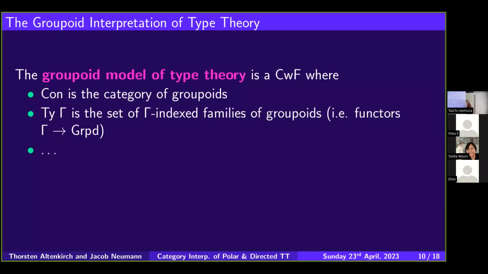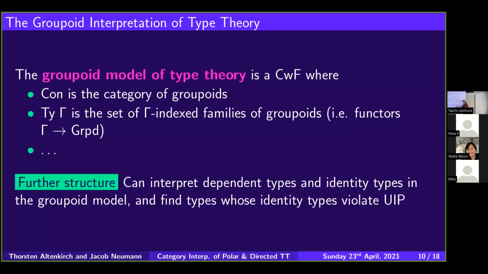And then the types in a context gamma are gamma-indexed families of groupoids. I'm not going to go through all the details, but this is the basic setup of this groupoid interpretation of type theory.